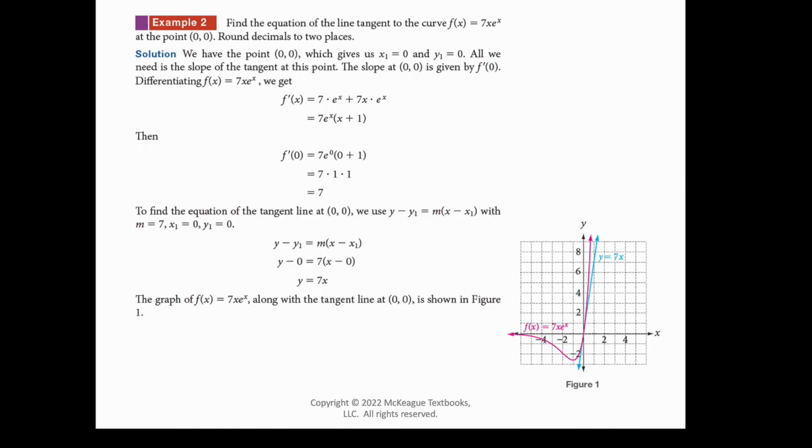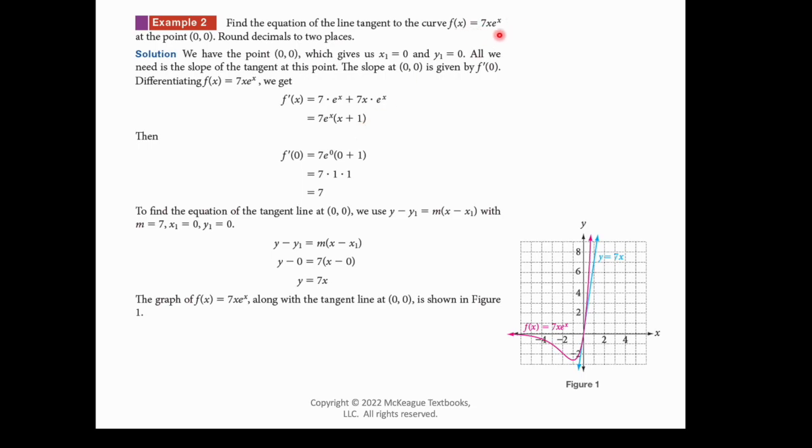So we're going to plug x equals 0 into the derivative to find the slope of the tangent line at (0, 0). And then along with that point (0, 0) that was provided for us, we're going to find the tangent line by plugging all the information into point slope form. So let's begin.